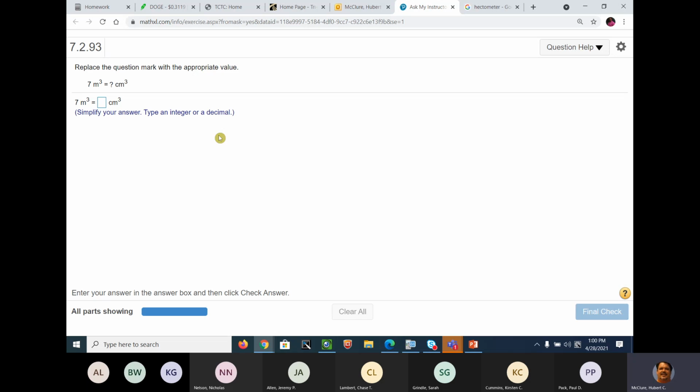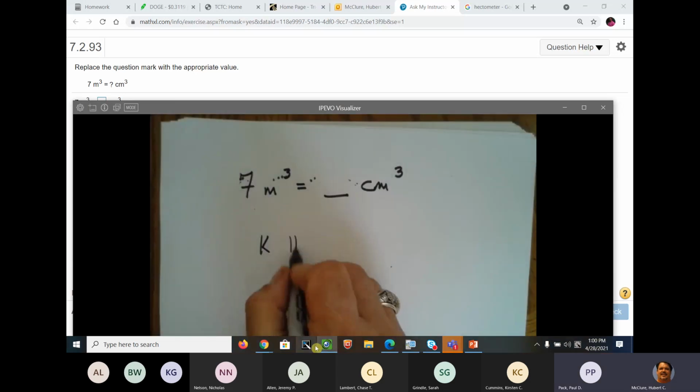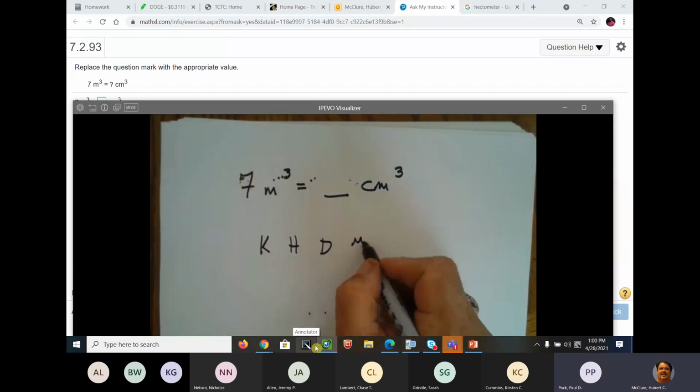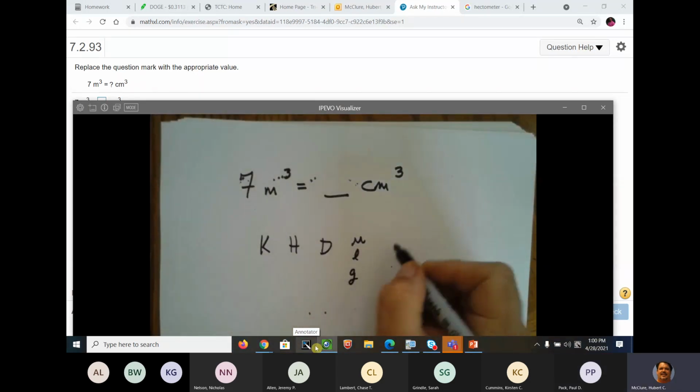Now you have to be careful here because we're talking about volume again. So let's do King Henry died drinking chocolate milk first. Meters, liters, grams, drinking chocolate milk.